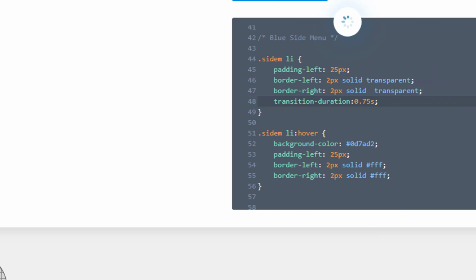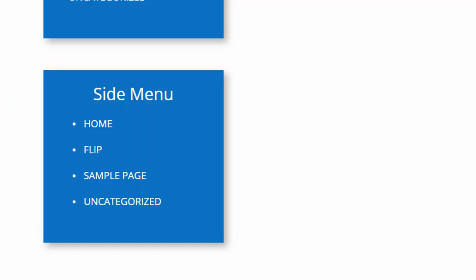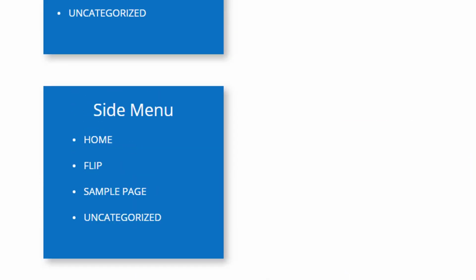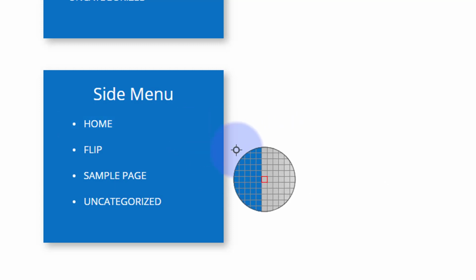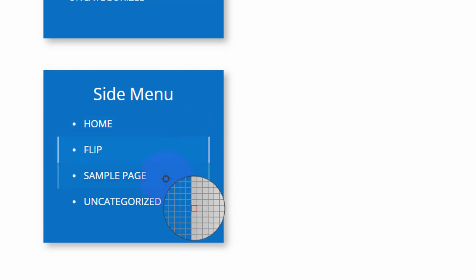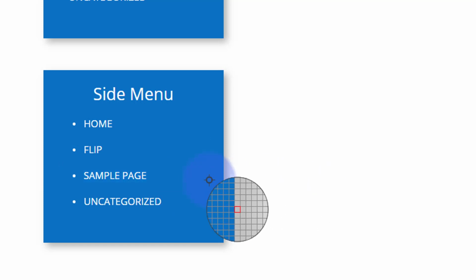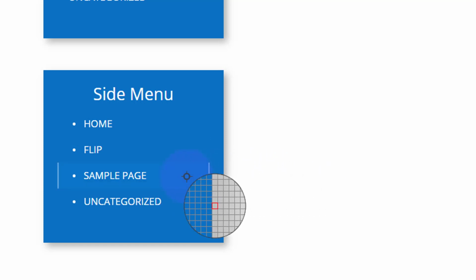Save that. Now when I hover over it, it should take 0.75 seconds to do that. We may want to add an ease or something like that. There we go. It's not happening quite so instantly, you see? And when you let go, it sort of just fades out instead of just gone.